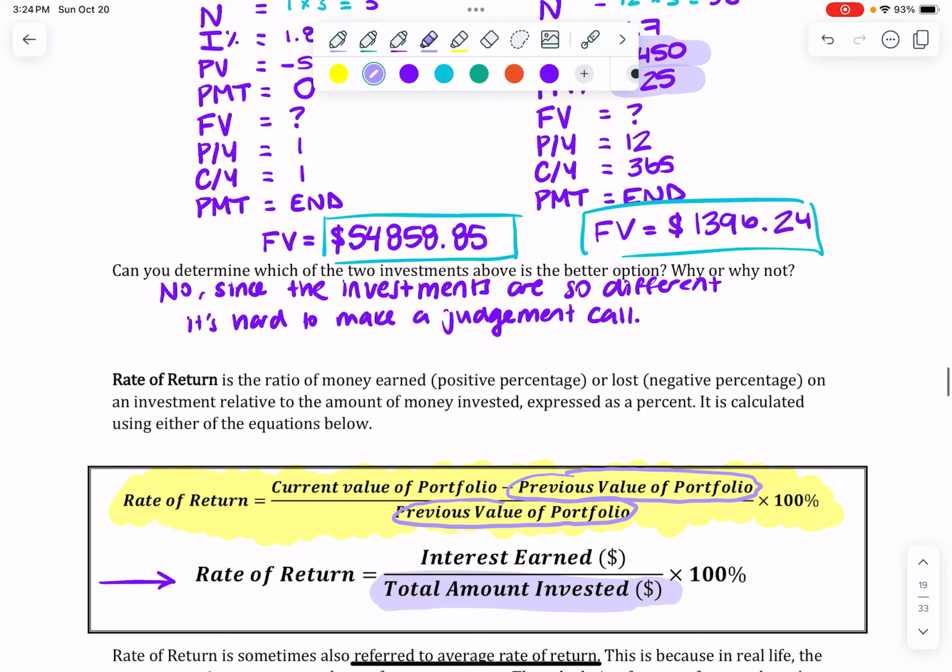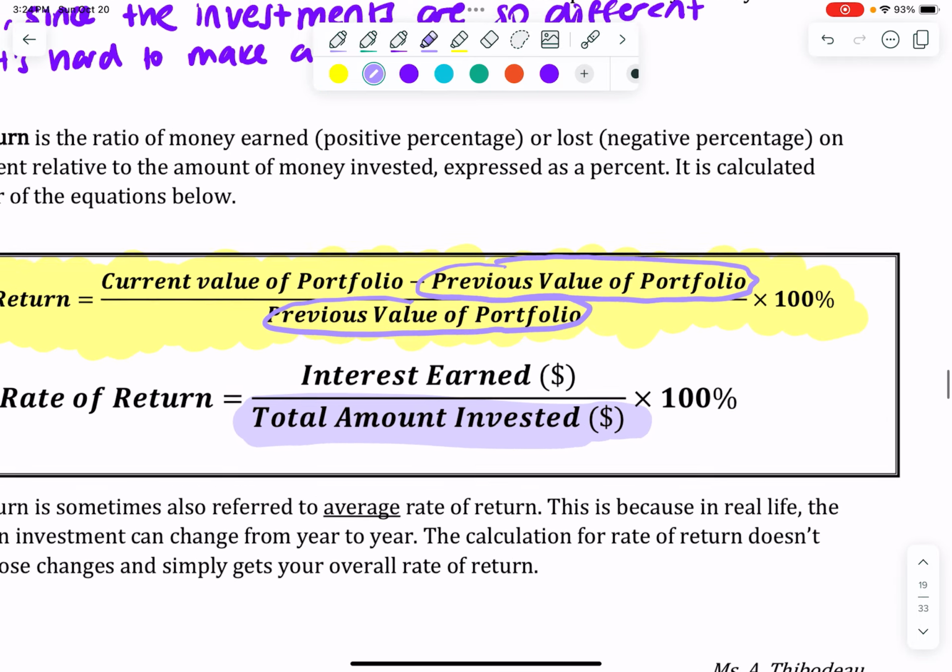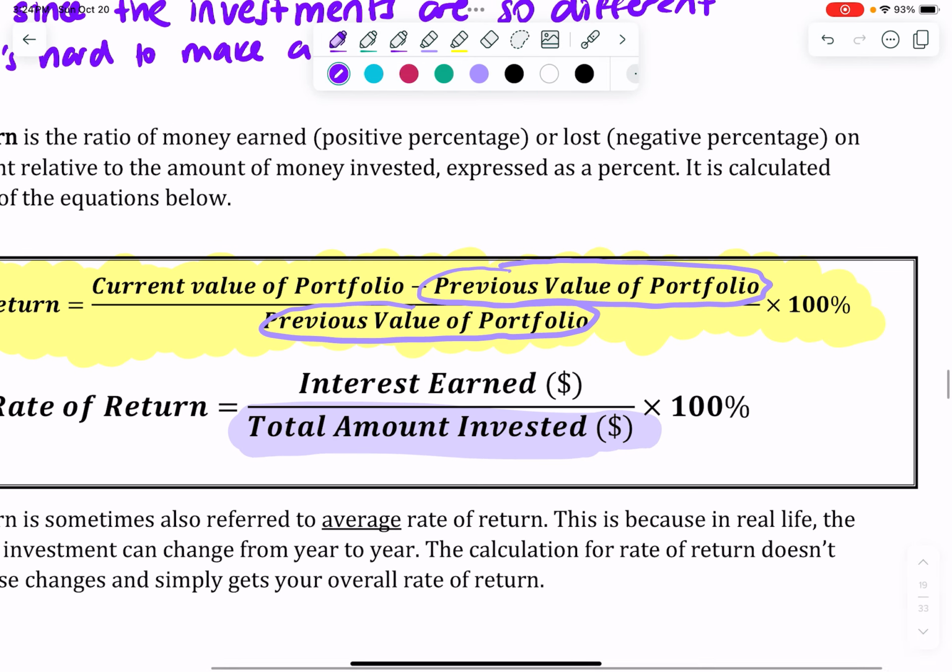Now, this is not an official formula, but it's worth writing down and worth remembering, maybe even worth including on my cue card. But to find the total amount invested, aka the previous value of my portfolio, right? These two things are identical here.